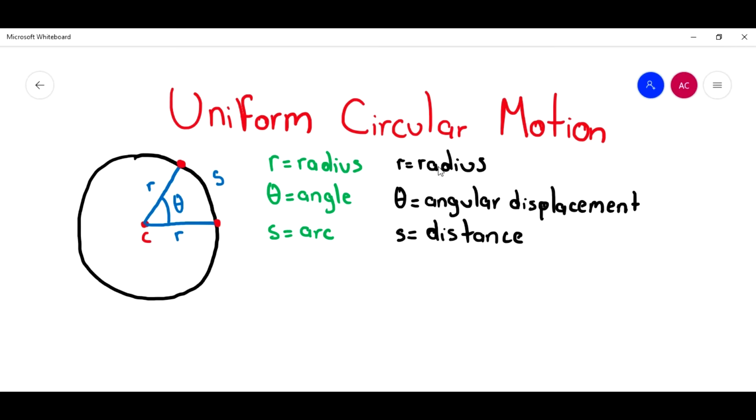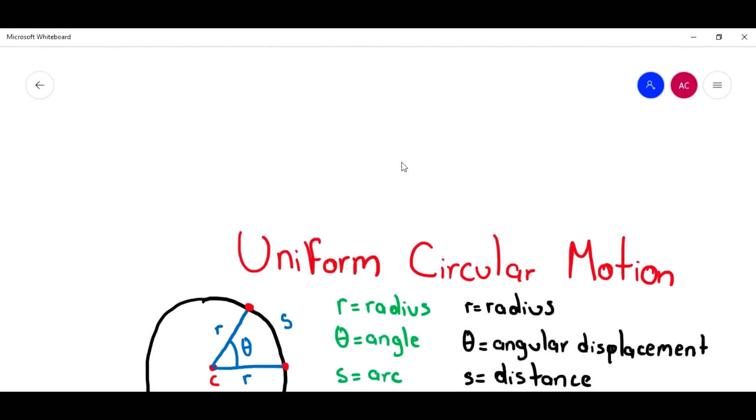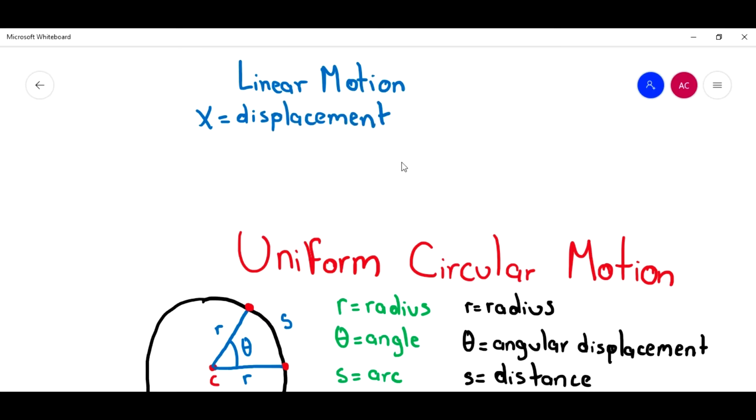Now, if you remember, we had many concepts in linear motion, and many of those concepts are going to change, because now the letters are going to be different. I'm going to write them over here. In linear motion, we had x, that was the displacement, or the position or the distance.